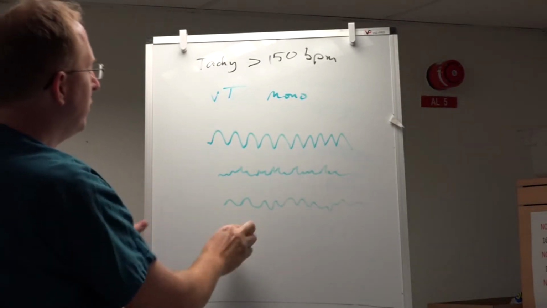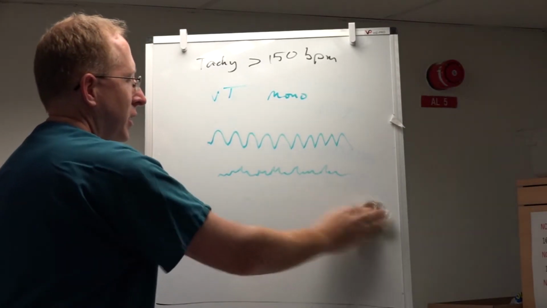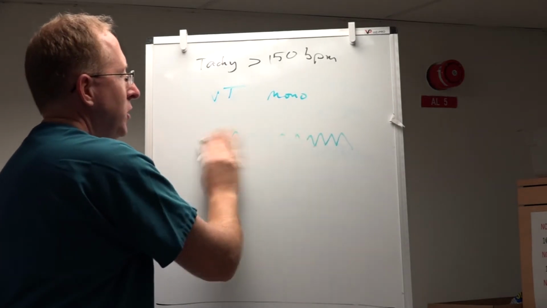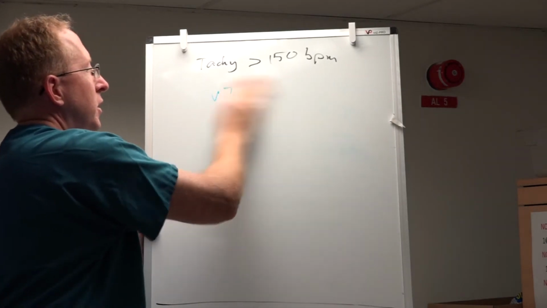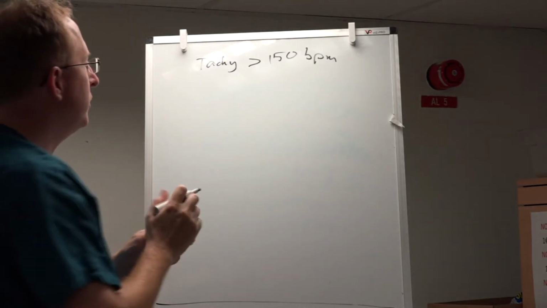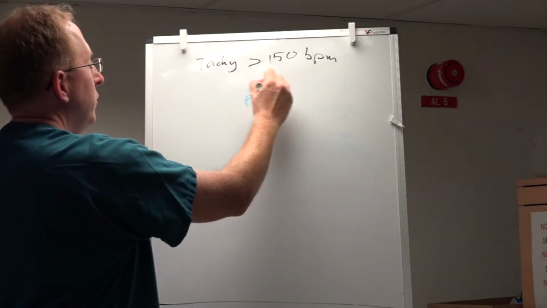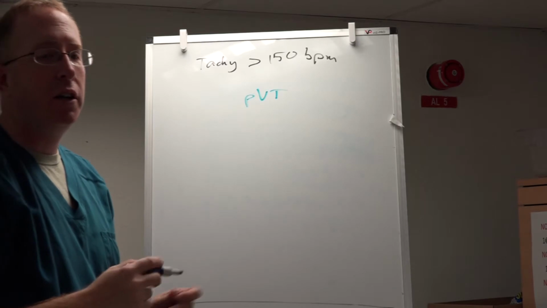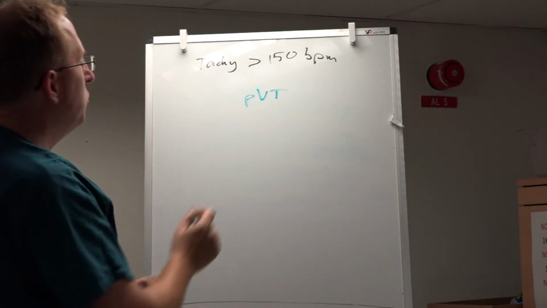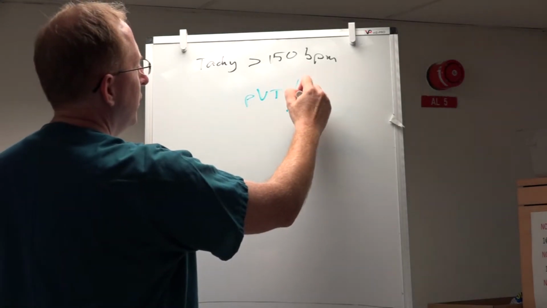Most of the time, if you see this monomorphic VTAC, especially during your mega code, it's going to be pulseless. Pulseless VT, pulseless VTAC. And if you remember on your algorithm, pulseless VTAC is treated the same as VFib.